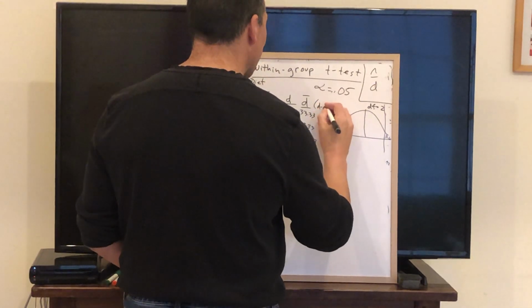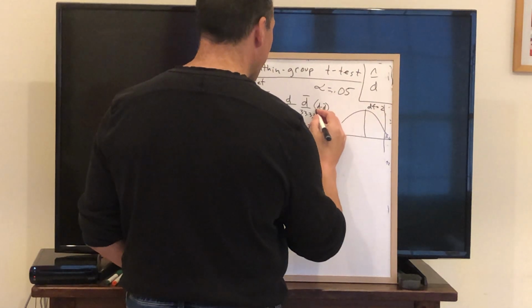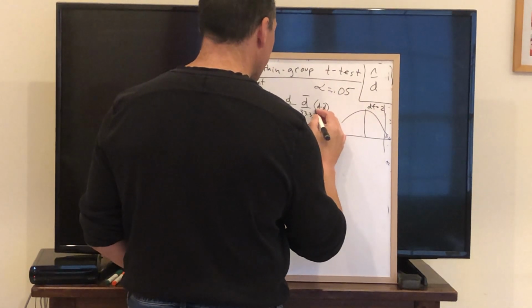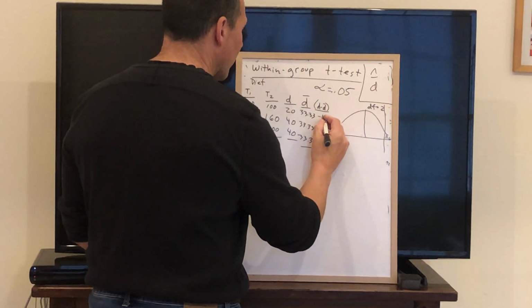Okay, now we have D minus D bar. So this is negative 13.33.